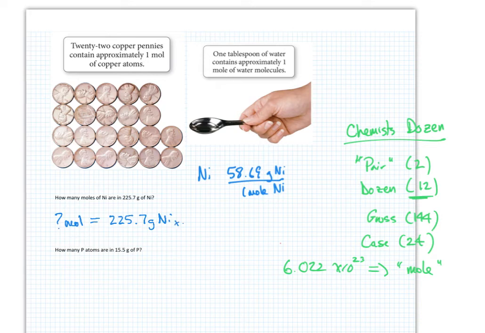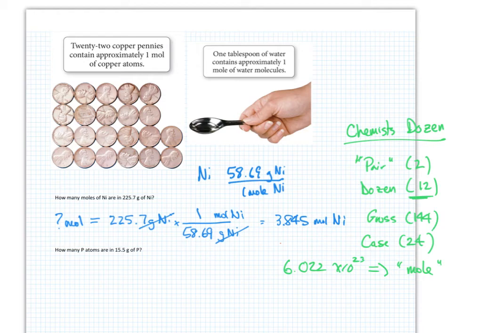I want to get rid of grams, so I'm going to put a conversion factor in here. I want grams nickel on the bottom, and moles nickel on top. Therefore, this is going to be 1 mole of nickel for every 58.69 grams of nickel. That cancels that, and my answer is 3.845 moles of nickel.